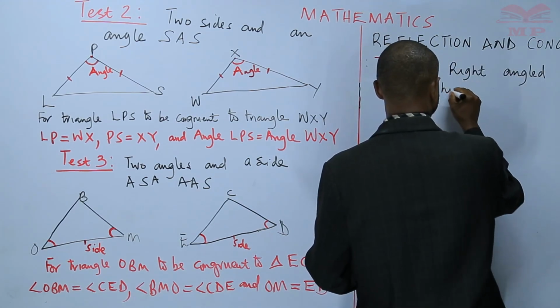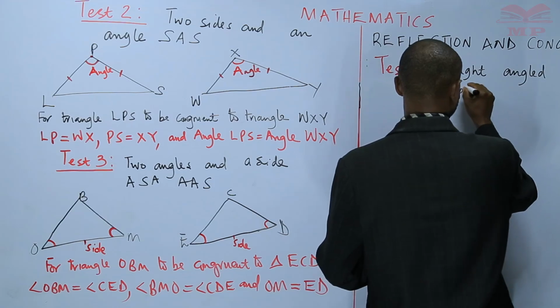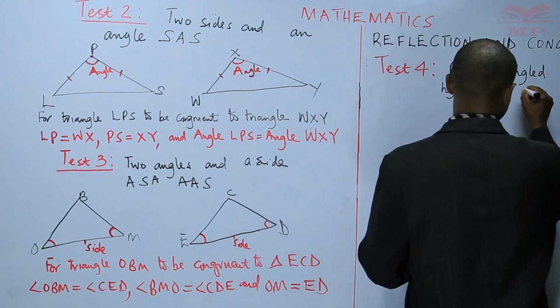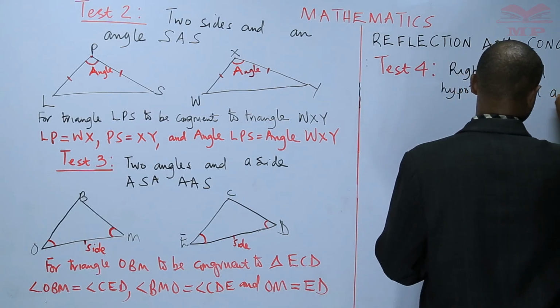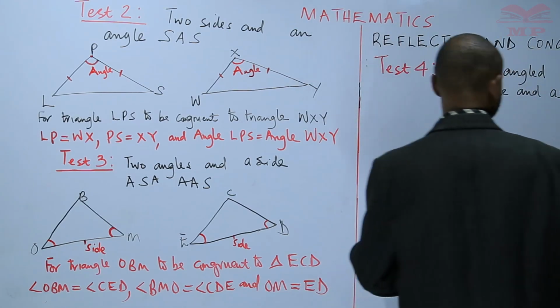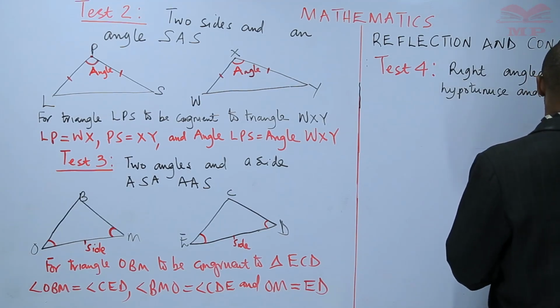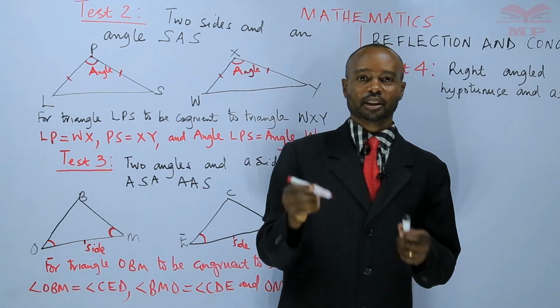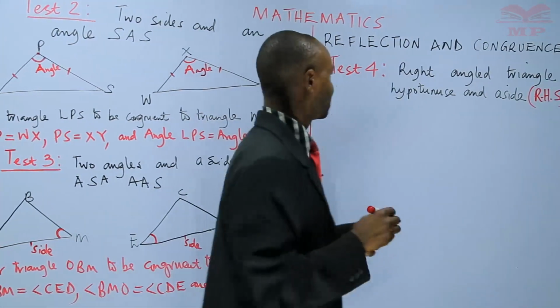hypotenuse and a side, commonly known as RHS. It simply means the first consideration: the two triangles should be right angled.